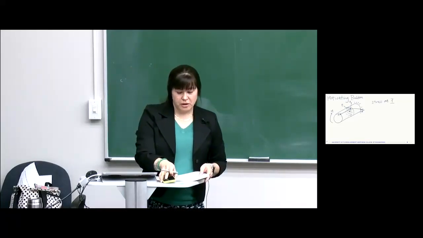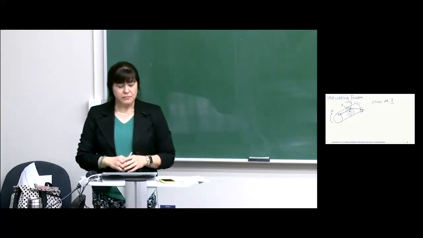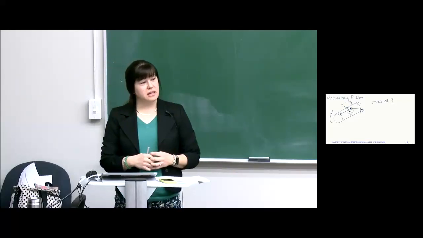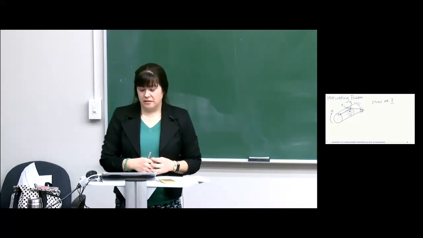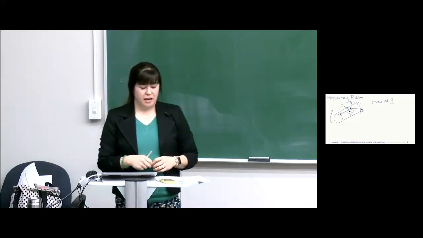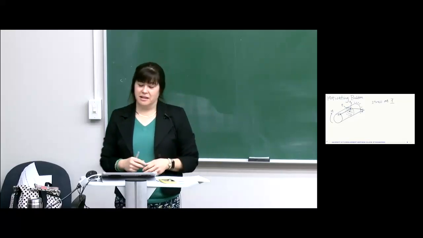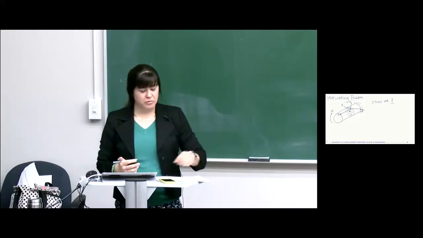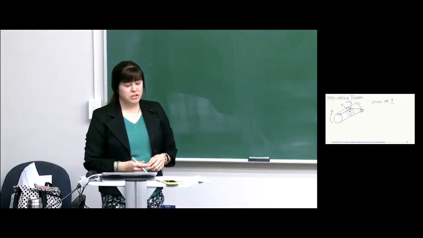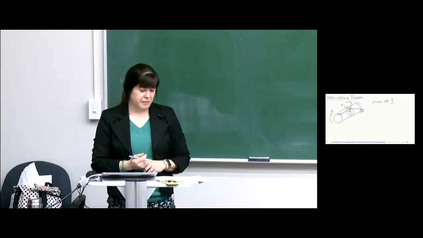For those of you who have been graduate students for a while, you may have gone a little bit further in an elasticity class and defined things even in more detail than we're going to today. So you might have put elastic constants in a stress tensor and done things like that. We're not going there in this class, all right? So we're going to stick with a strength of materials kind of formulation, but I'm going to show you where some of those equations that you've used in the past have come from, right?